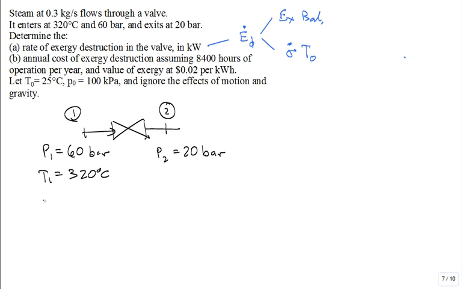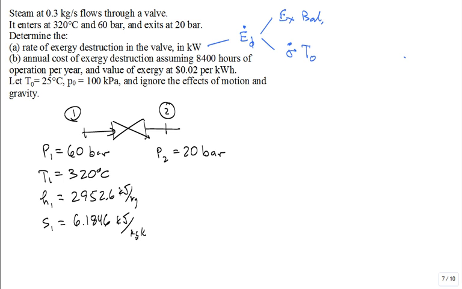So first thing is go ahead and get H1, S1. H1 is 2952.6 kilojoules per kilogram, and S1 is 6.1846 kilojoules per kilogram Kelvin, straight from the tables.